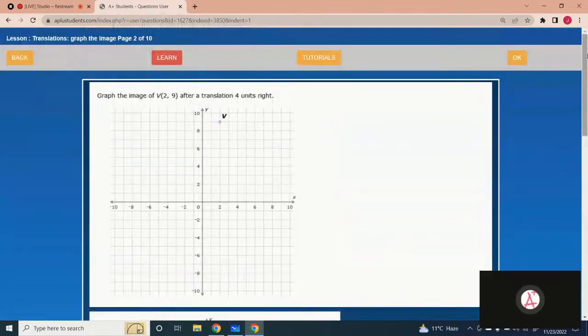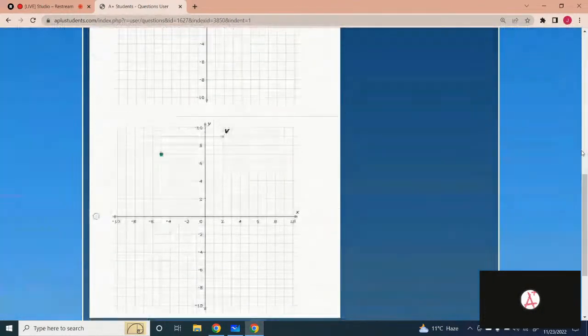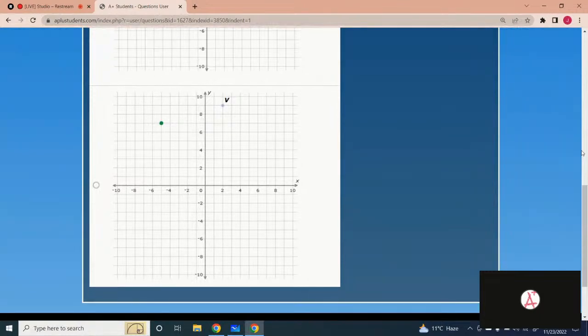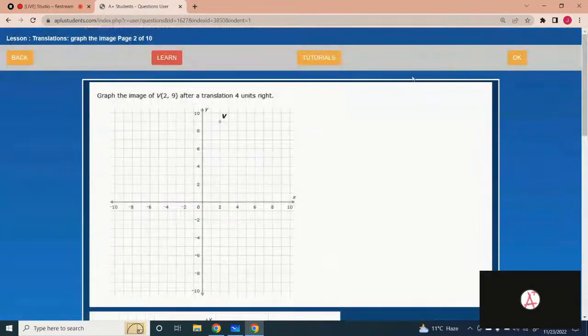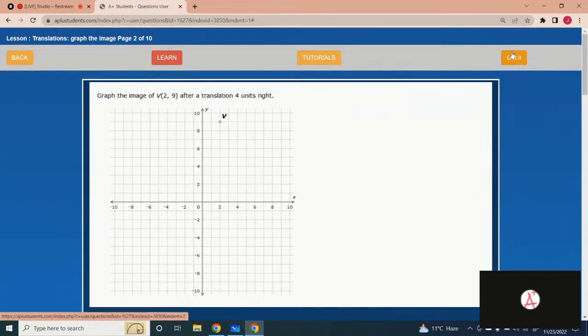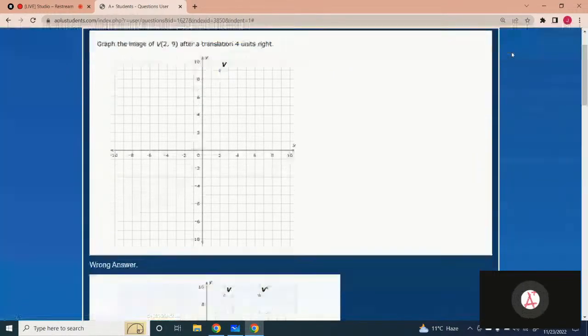Wait. Let me check 2 unit right. Yes, for right you have to add.